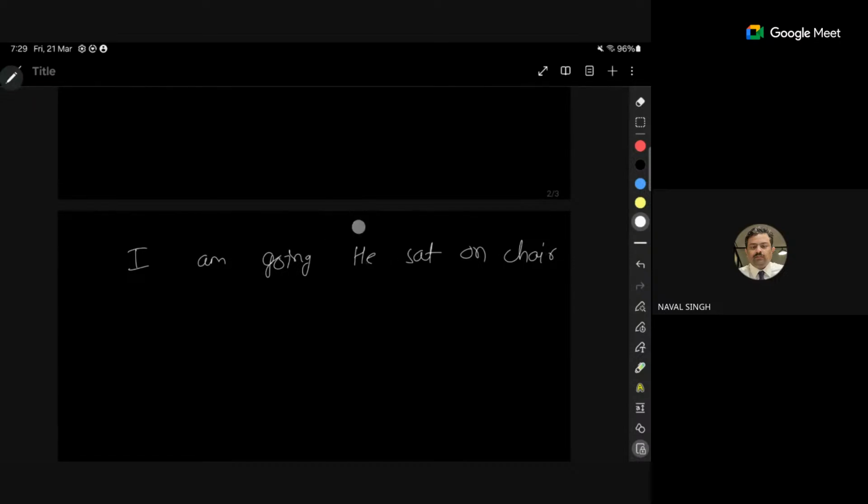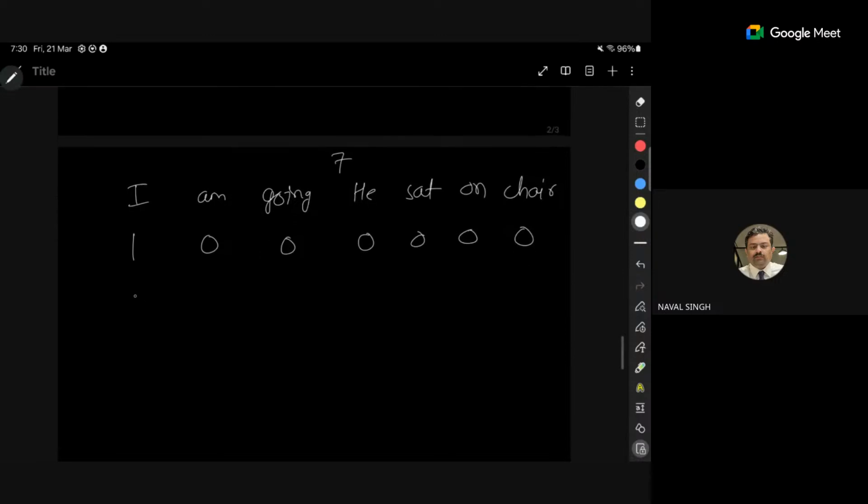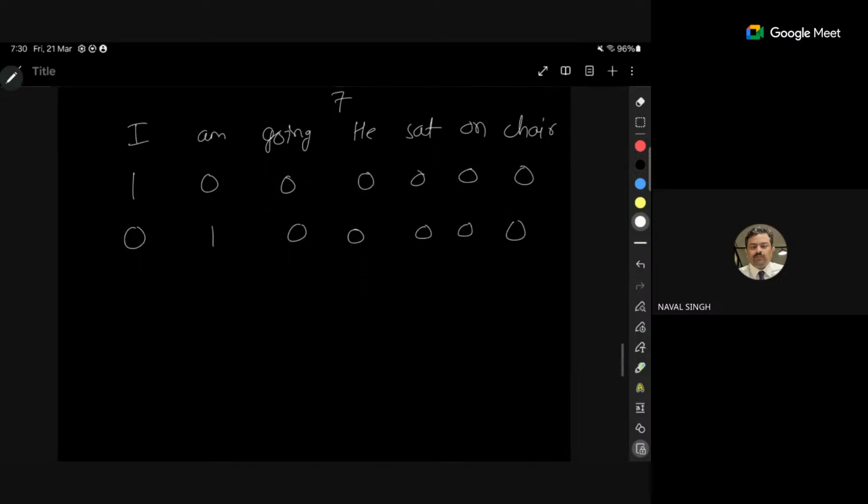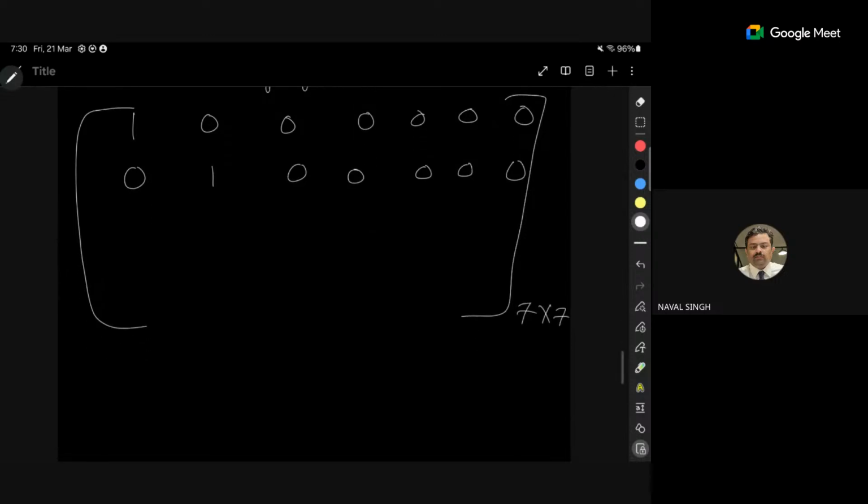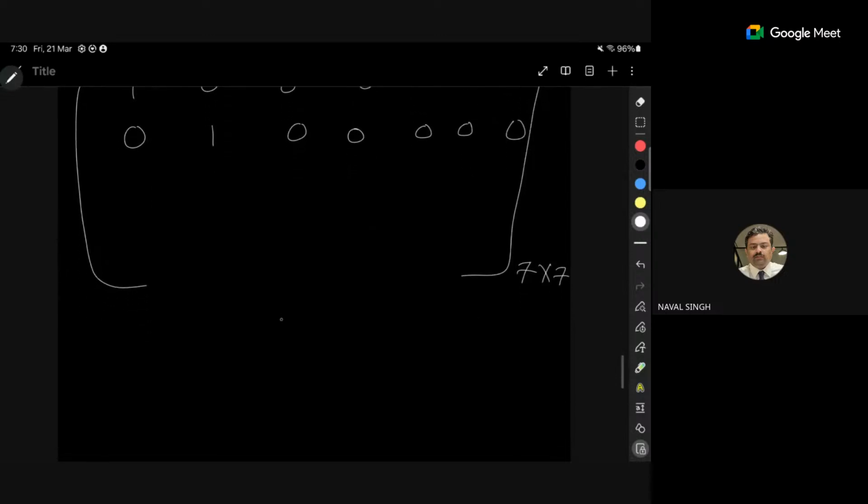Okay, 7. Then I can represent 'I' like this, and 'am' like this. So this is one vector. If I write all of them, the matrix will be of size 7 cross 7. If I apply CBOW, the above architecture.